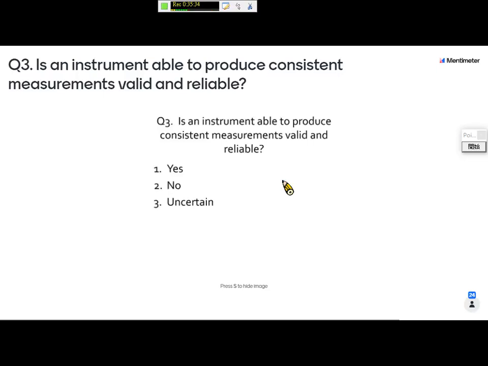Is an instrument able to produce consistent measurements valid and reliable? The answer is no.